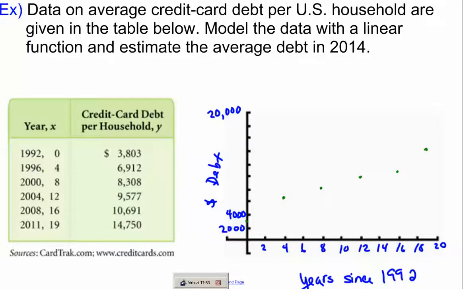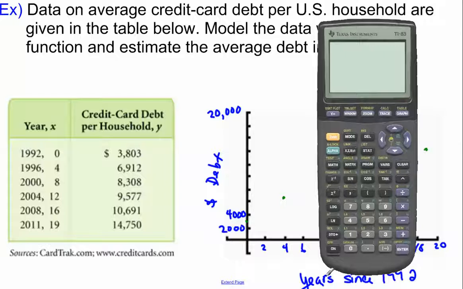Your calculator can do this for you as well. If you go to this button called Stat, and I go to Edit, I've already got my data in there. Maybe you have data in there, but it's not the right data. Go up to whatever the list heading is that you want to clear and hit clear and enter, and it cleans out that entire column.